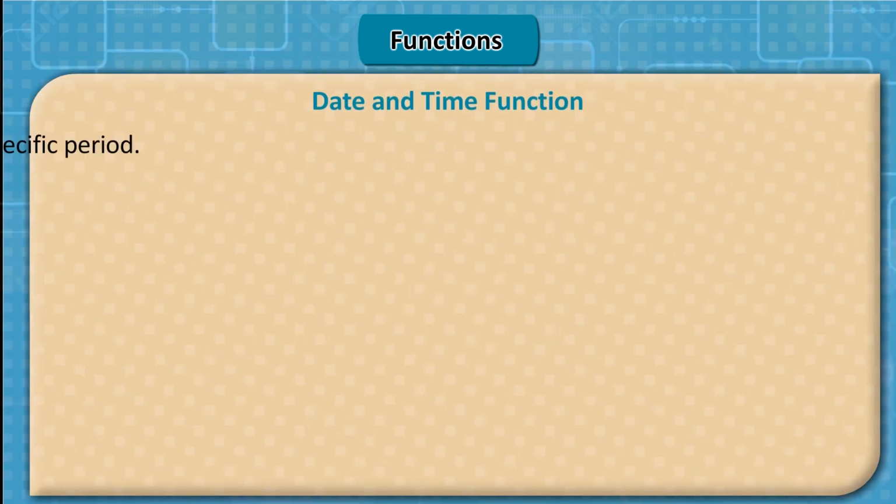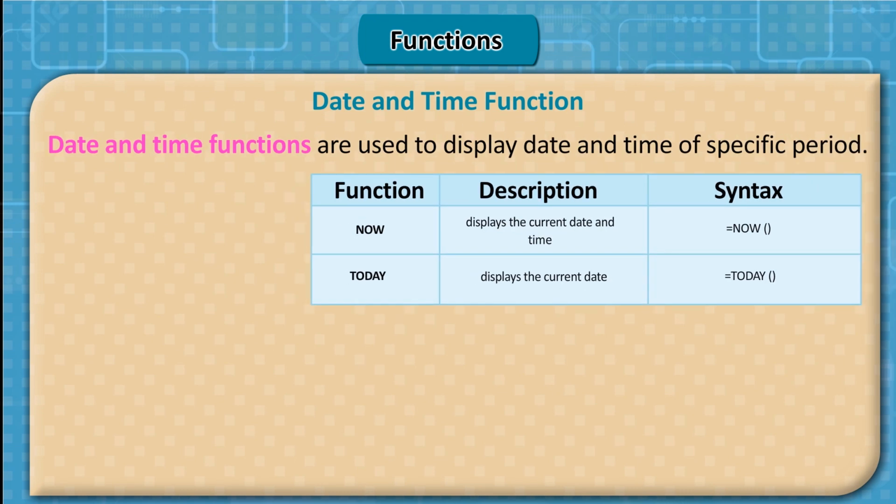Date and time functions. Date and time functions are used to display date and time of a specific period. Function, description, syntax. NOW displays the current date and time. NOW(). TODAY displays the current date.